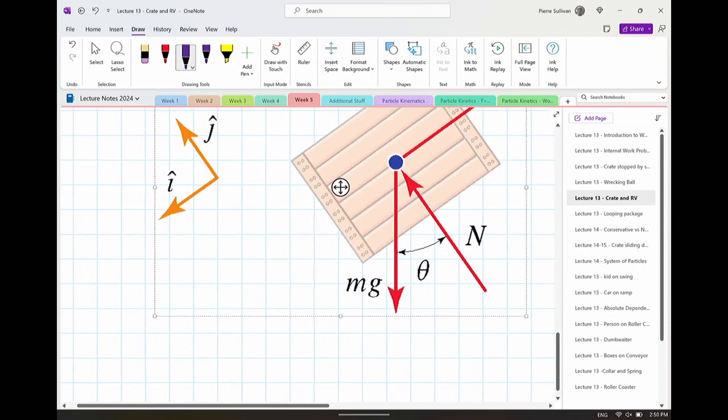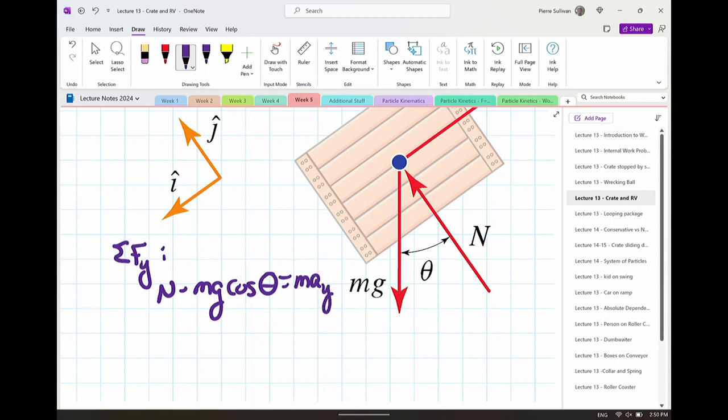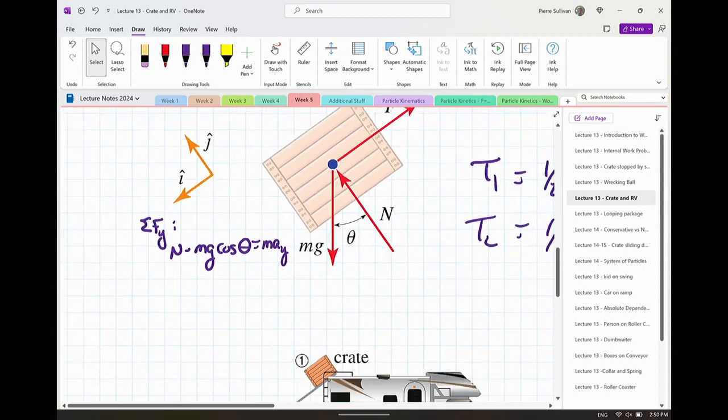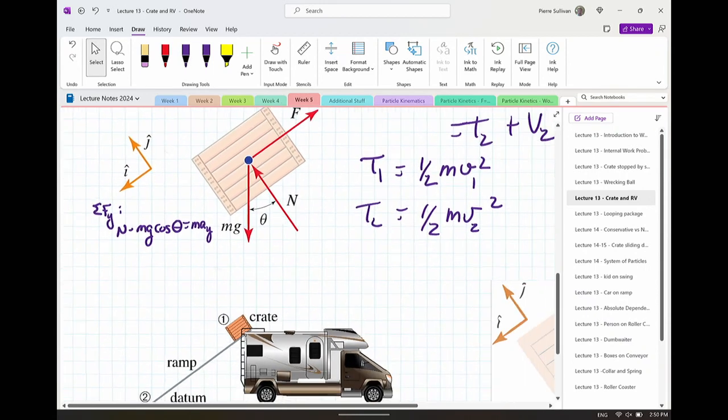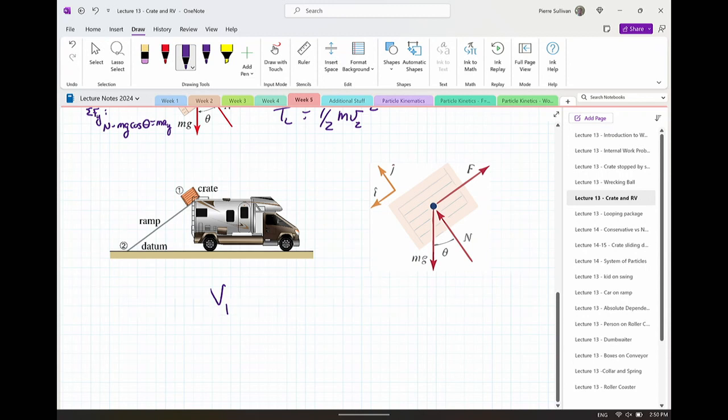So in terms of the gravitational potential energy, it's a height above, so it's weight times height.